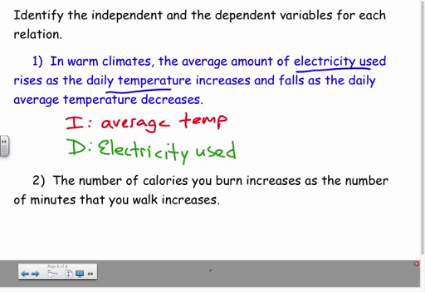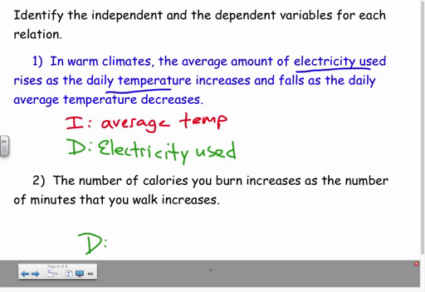The number of calories you burn increases as the number of minutes that you walk increases. So basically, the more you walk, the more you burn. So which one depends on the other? Basically, the number of calories depends on how much you walk, doesn't it?